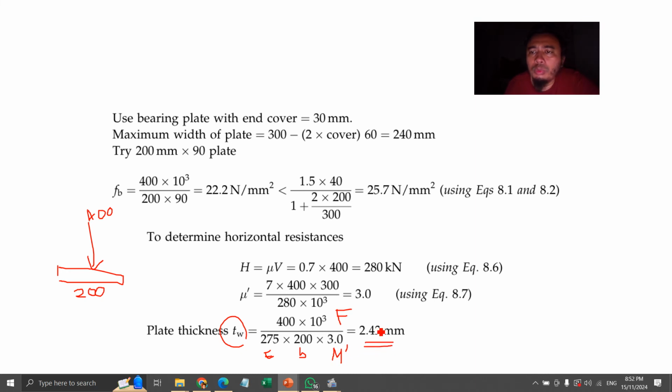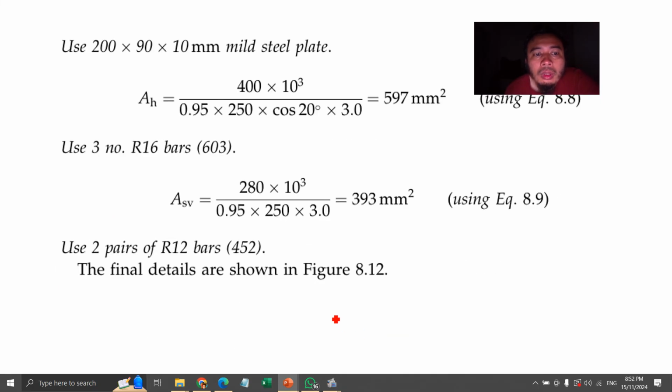The required thickness is 2.42, which suffices if we follow the corrosion protection, which is 4 mm. But in the end, we propose 10 mm minimum, as suggested by this book. So you can protect the steel from corrosion, and also from the horizontal forces.